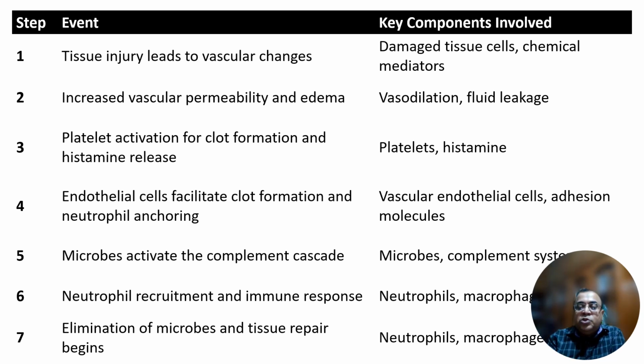Then platelets are activated, they form a clot, and there is also release of histamine. The cells involved are platelets and histamine. The endothelial cells also facilitate clot formation and anchoring of the neutrophil by various cellular mechanisms that we are going to study later. The involved components are vascular endothelial cells and adhesion molecules.